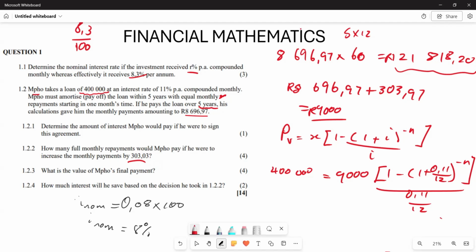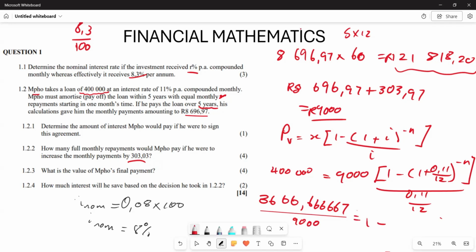This is going to be 3,666.667 altogether. Then you divide this value by 9,000, which is going to give you this one.